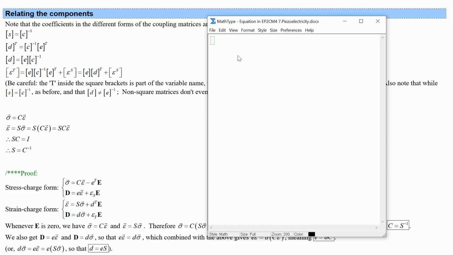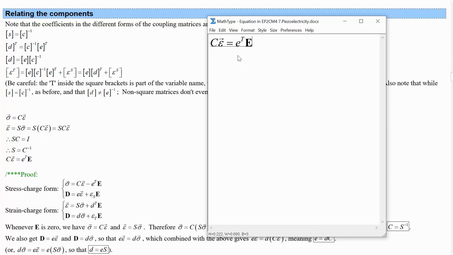If it's a free material, then we have that C times epsilon is equal to E transpose times E, while in the first equation of the second set here, we've got that epsilon itself is equal to D transpose times E. And now, let's see, we could substitute this one into this first one. Maybe I'll write that in the other order to make that a bit easier to see.